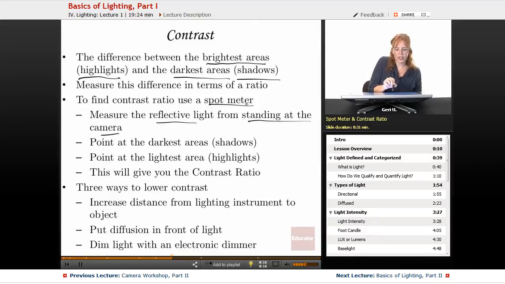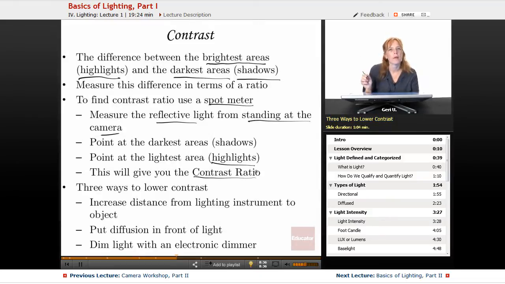We point at the darkest area, the shadows, and then we point at the lightest areas, which are the highlights. When you take the measurement, you can get a ratio from those two numbers. The higher the contrast ratio, the higher the apparent contrast in the scene.